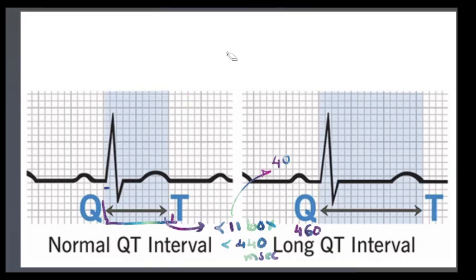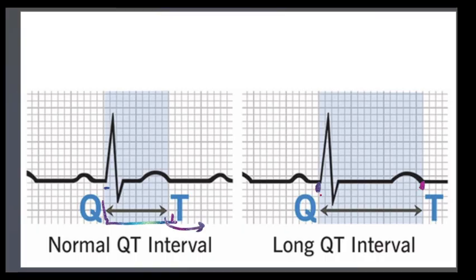People with prolonged QT have a tendency to develop arrhythmias, especially polymorphous, a type of polymorphous ventricular tachycardia, that is torsades de pointes. In here, if you look at this one, here is the point where Q starts, here it ends.